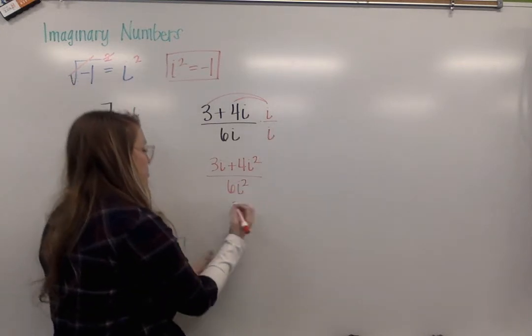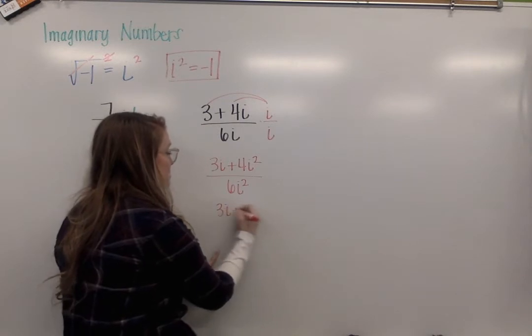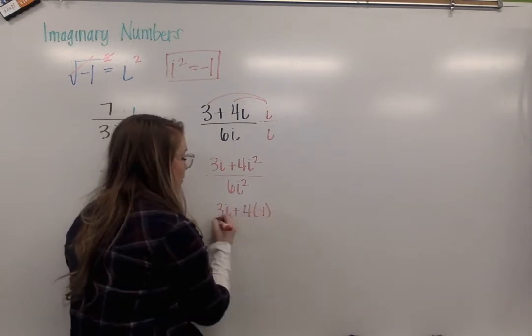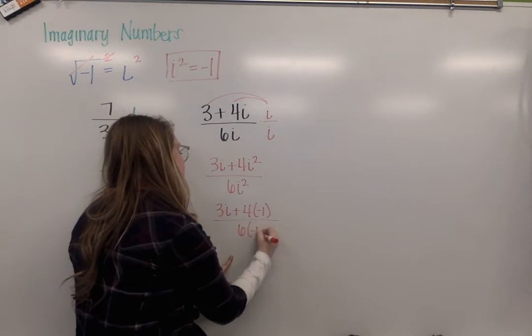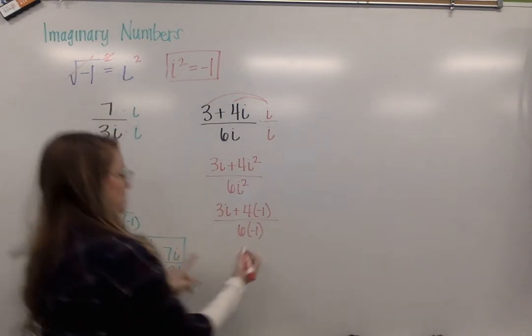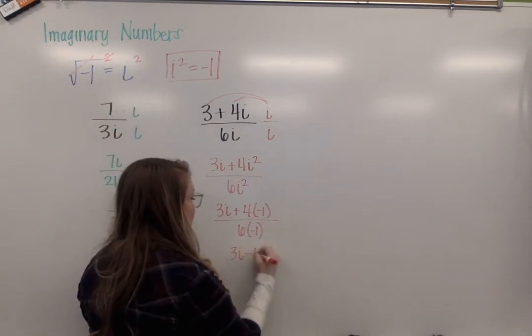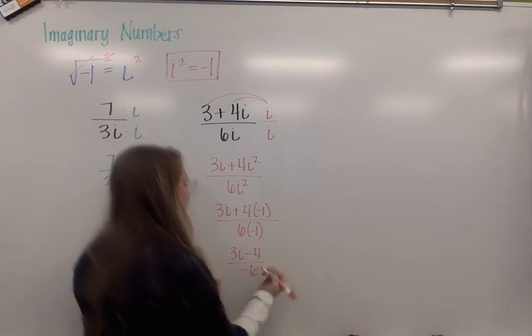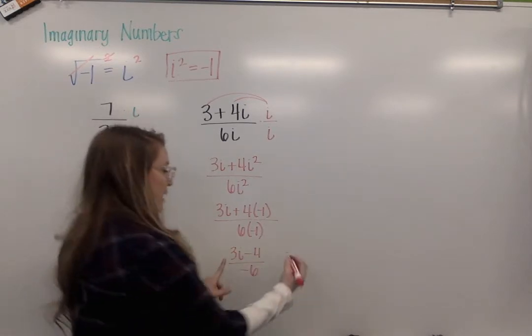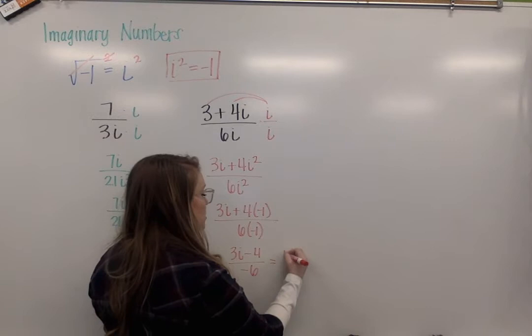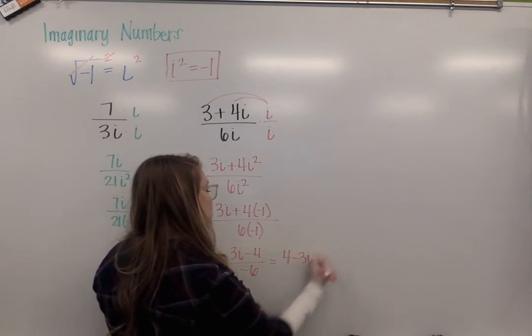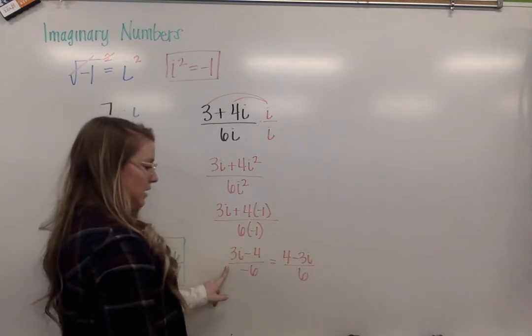So I'm going to make my substitutions for my i squareds. That's 4 times negative 1 and 6 times negative 1. So we're looking at 3i minus 4 over negative 6. This is also equal to 4 minus 3i over 6.